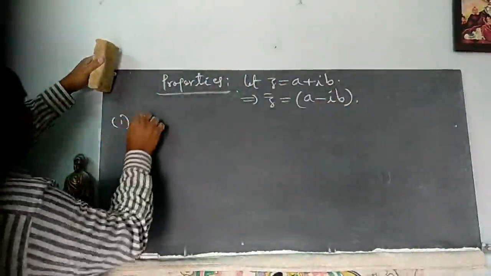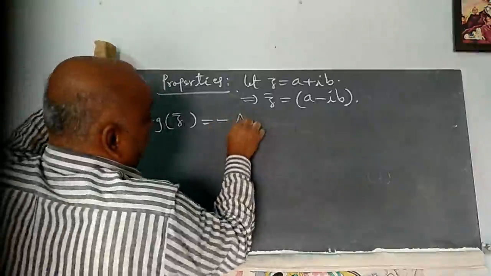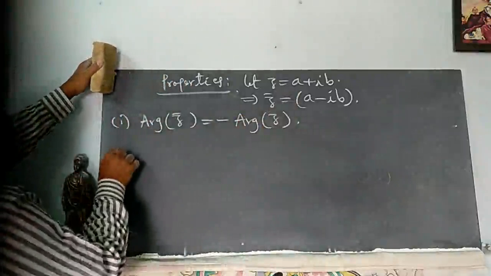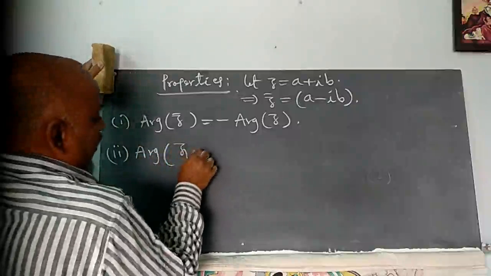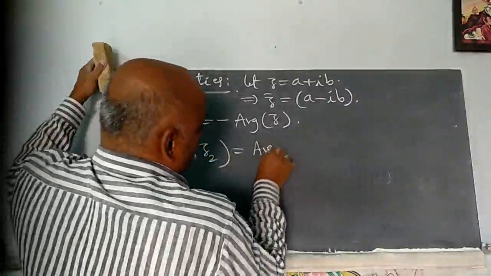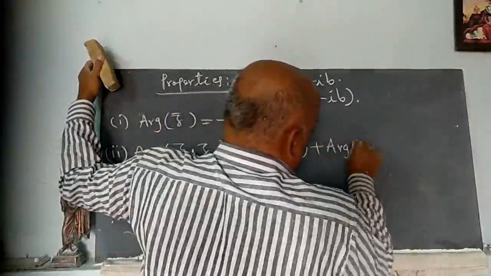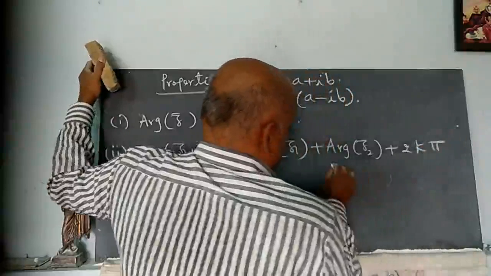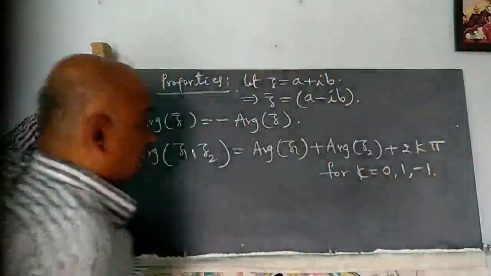So first property, argument of z bar is equal to minus argument of z. Second property, argument of z1 into z2 is equal to argument of z1 plus argument of z2 plus 2k pi for k equal to 0, 1, minus 1.